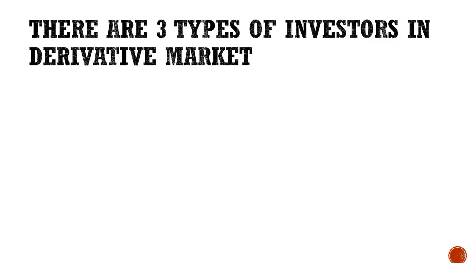Now, let us learn various types of investors in derivative market. Now, in a broad sense, there are three types of investors in derivative market. Number one, they are known as the arbitrageurs. Now, who are arbitrageurs?